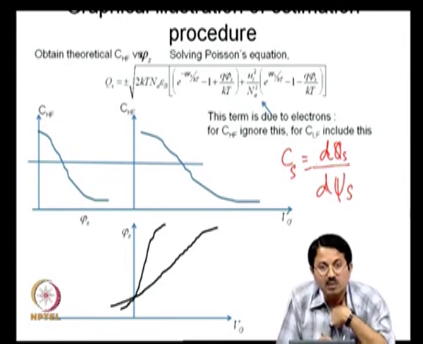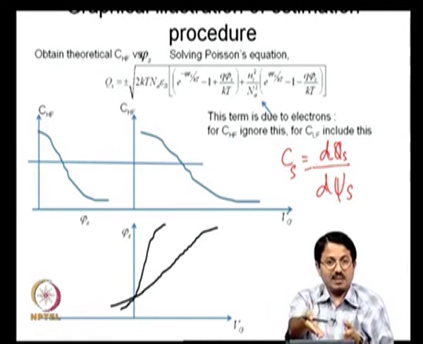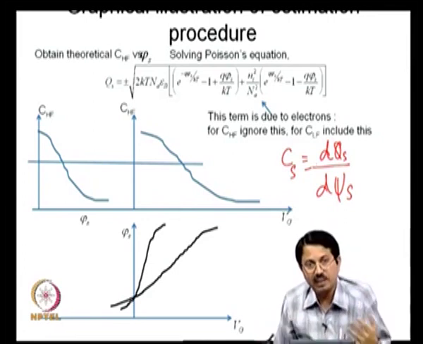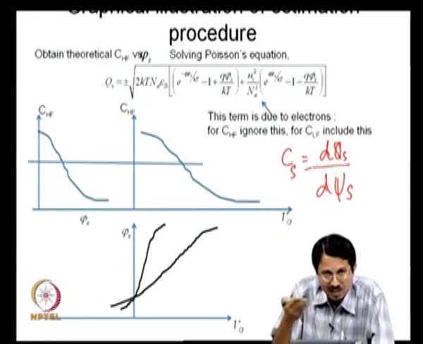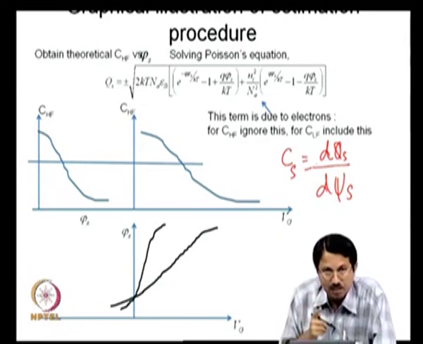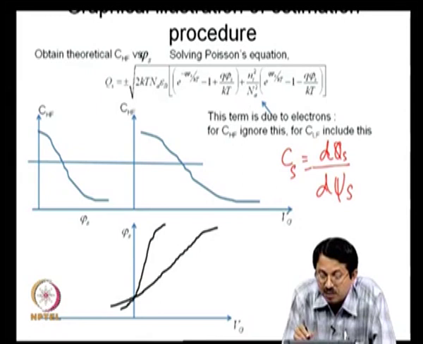Okay. So, all you need to do is generate psi s versus Qs, which is here, and differentiate this. You can write a very simple program to do that. It could even be an Excel program. You put in several psi s values, generate Qs, you do dQs by d psi s, and you have a capacitance. Except if you want to get high frequency capacitance, you ignore this term, because this term is due to minority carriers.